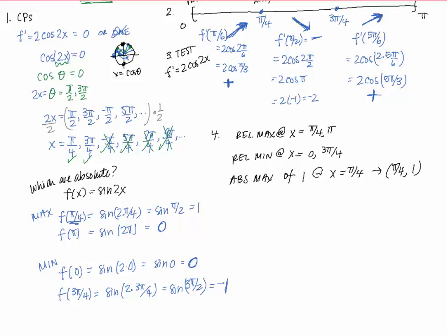So the smallest value, the absolute minimum, is -1. So we have an absolute minimum of -1 at x equals 3 pi over 4. Or we can say the point (3 pi over 4, -1).